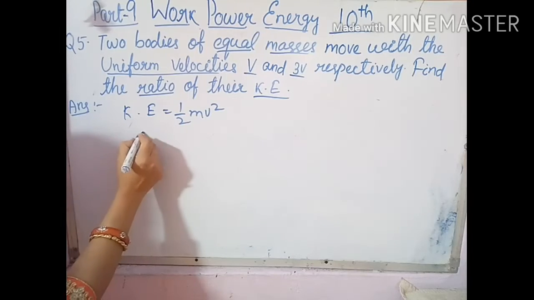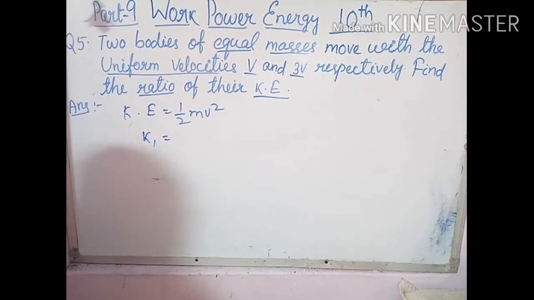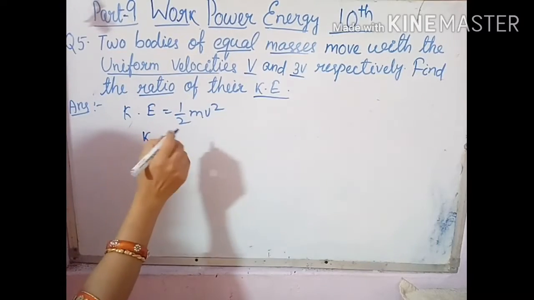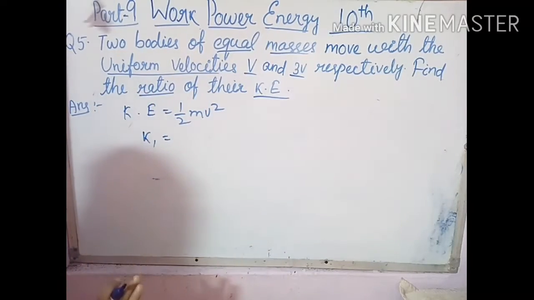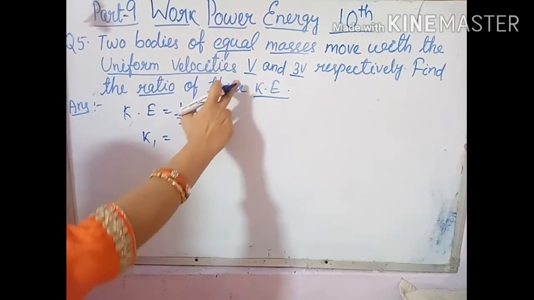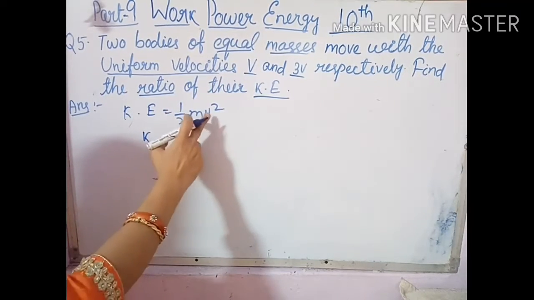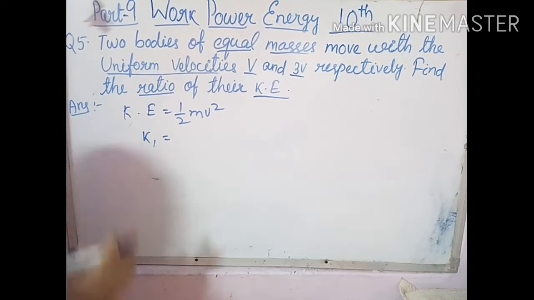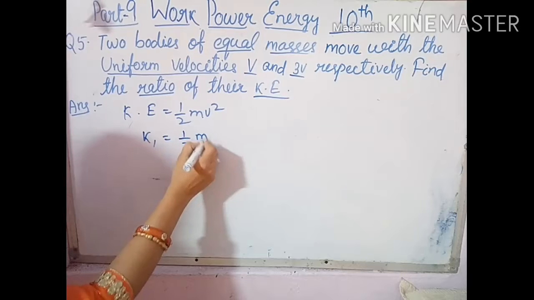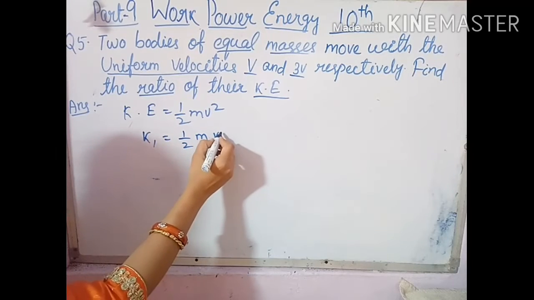So first, suppose you find out kinetic energy K1, and M is the same in both the cases. Only the velocity is different. The first body has the velocity V, and in case of the second body you have to put 3V. So K1 equal to half M V square.